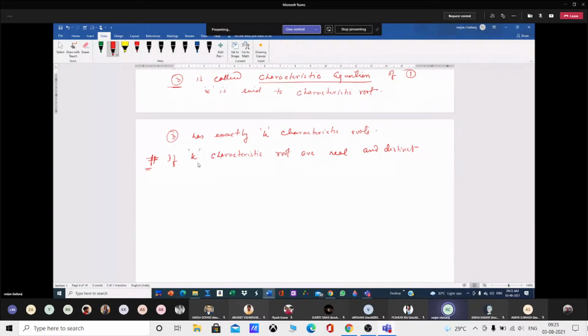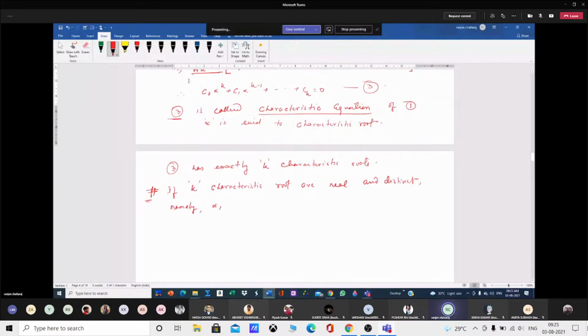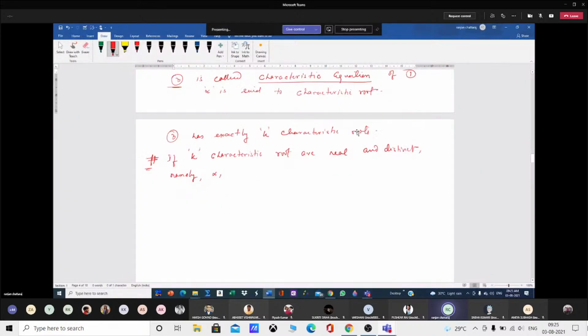So suppose they are distinct, namely alpha 1, alpha 2 and so on. These are only notations, nothing else. These are the different real but distinct roots of the characteristic equation.